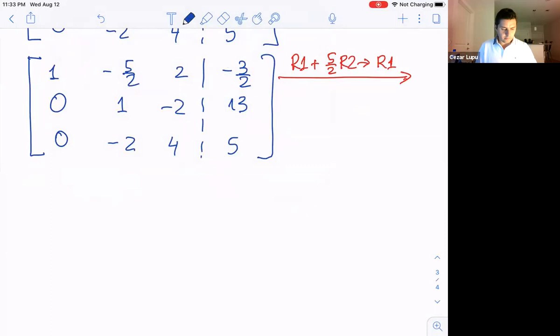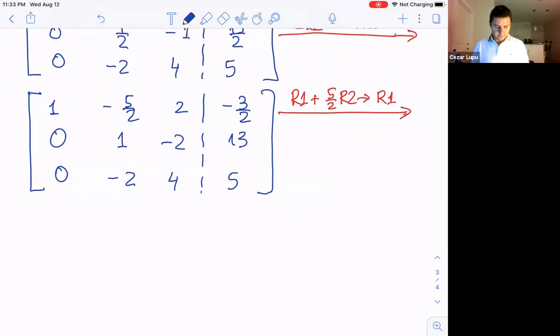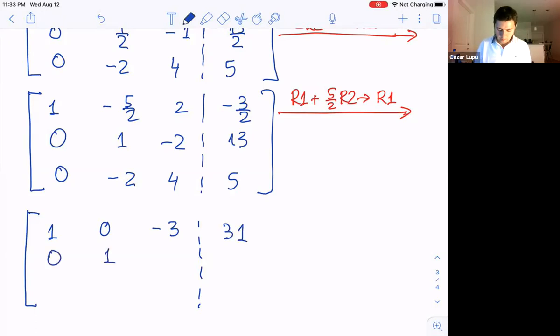So we'll get the following matrix. 1, 0, -3, and this will be 31 here, and then you'll get 0, 1, -2, 13, and the last one will be 0, -2, 4, and 5.